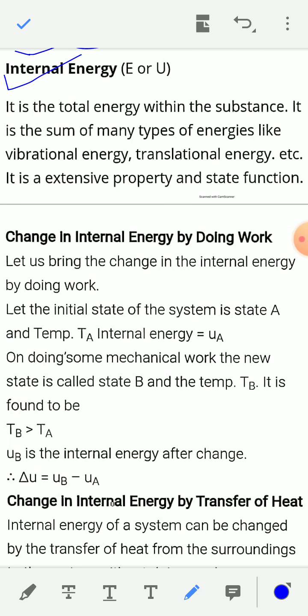Internal energy is a state function. So what is internal energy?